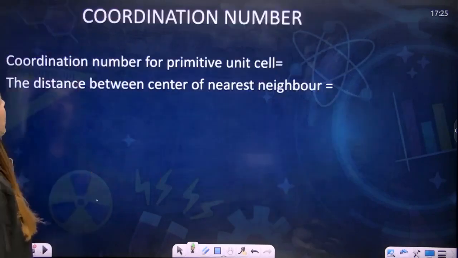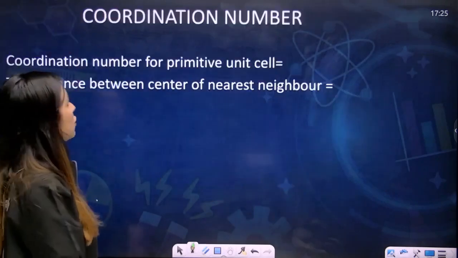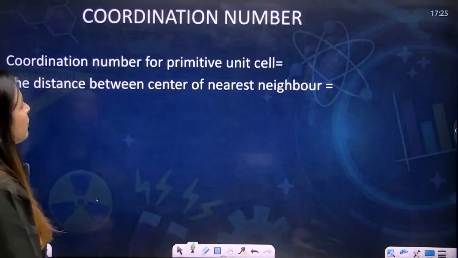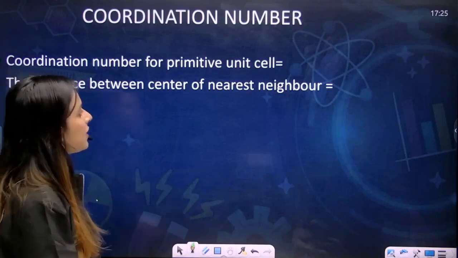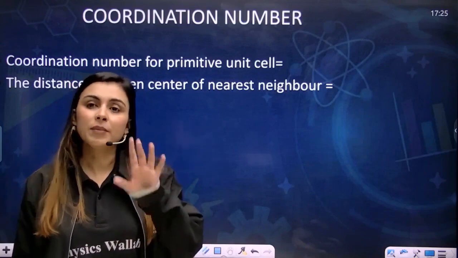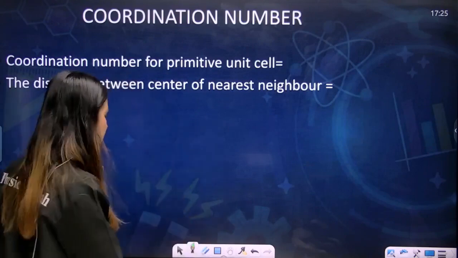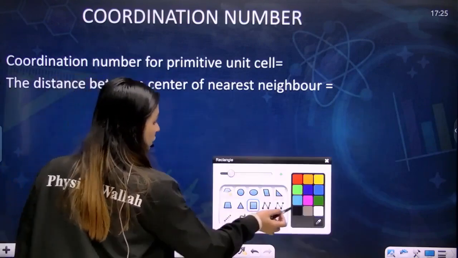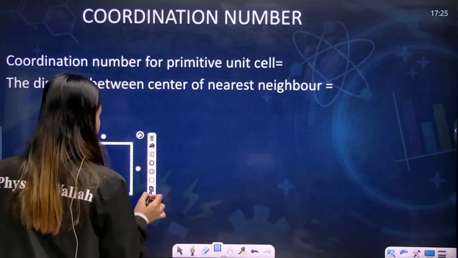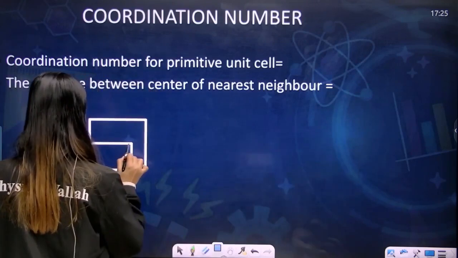Now you have to calculate the coordination number. So now we'll be understanding the coordination number for a primitive unit cell. How are you going to understand it? Let's draw a primitive unit cell like this.